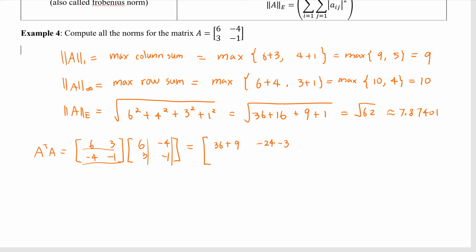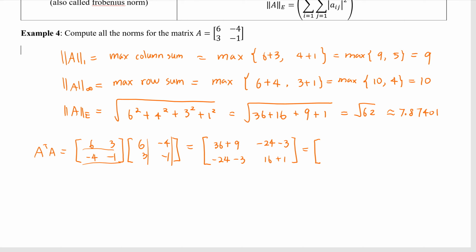Right? And then we use second row times the first column. -4 times 6, -24. -1 times 3 is -3. Then last, second row times second column. -4 times -4 is 16. -1 times -1 is 1.